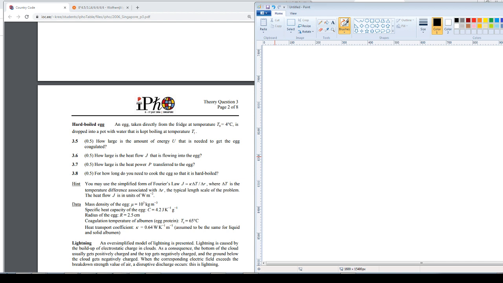So you just use the Fourier law and you multiply that by the surface area of the spherical egg. That's right, yeah.